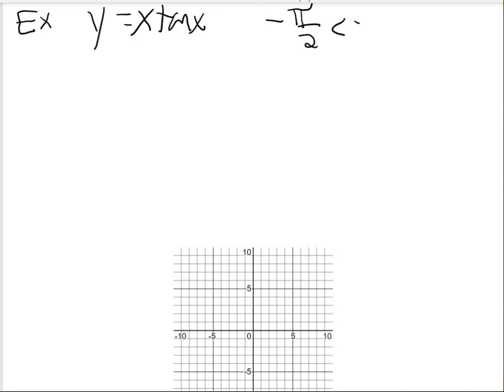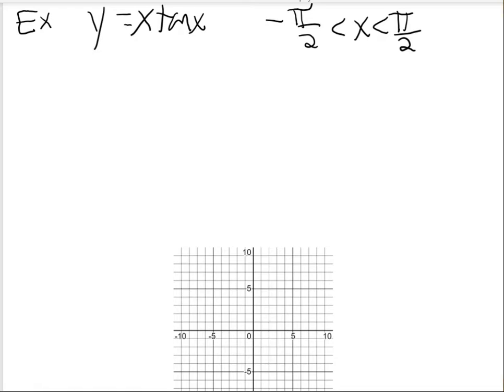For example, you could look at ones like y equals x tangent x on a restricted domain. Luckily here, the domain is given, and you could go through all the steps. I will not do this particular one, but know that these examples exist.